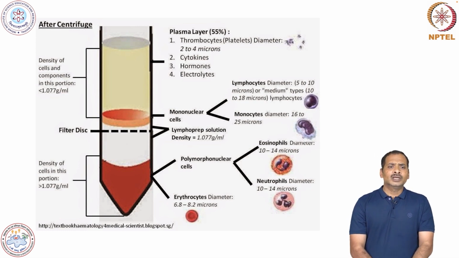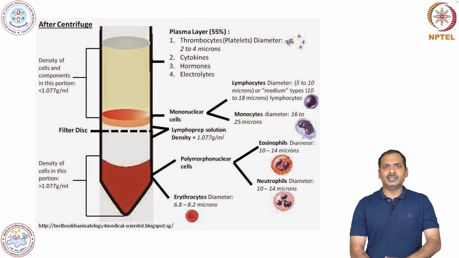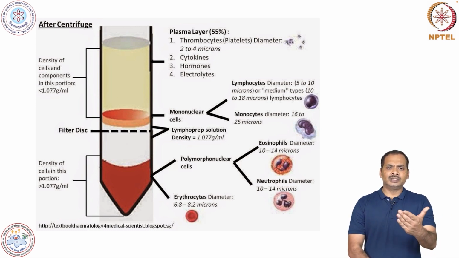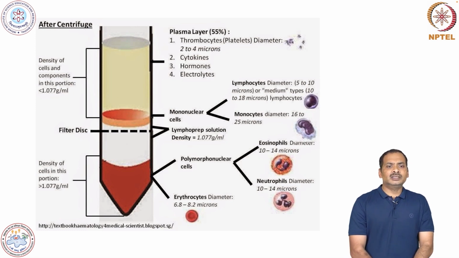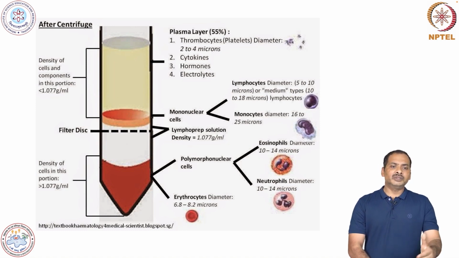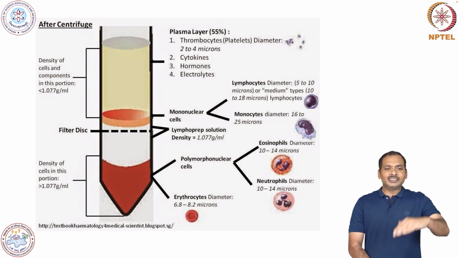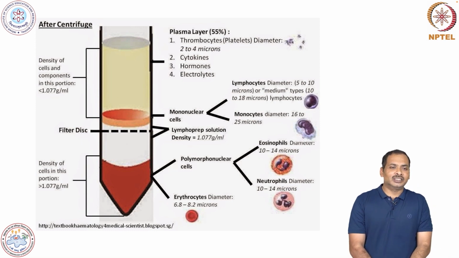In the monolayer at the interface between the plasma and histopaque, it is rich in lymphocytes, and it also contains monocytes, as I explained earlier. Then there is histopaque, and the RBCs, and above them a thin layer of granulocytes. Why it is separated like that, I think you can understand, it's very simple.